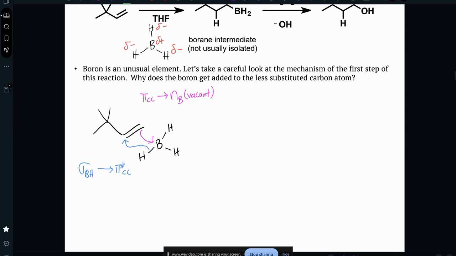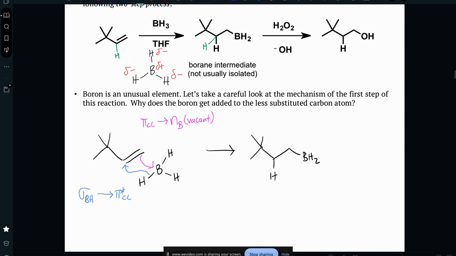So in that step, we're making this intermediate where we're adding our new hydrogen and the BH2. In both cases, there was already one hydrogen there, so that still stays there.